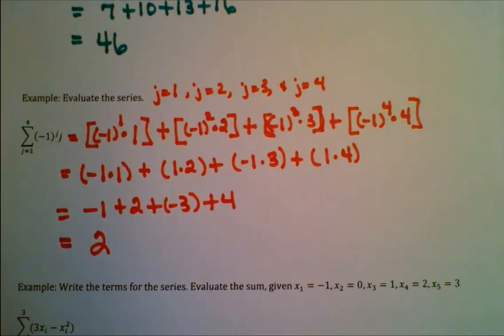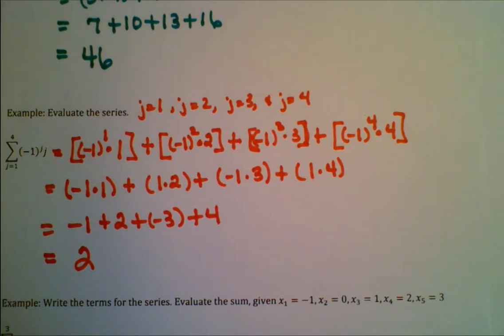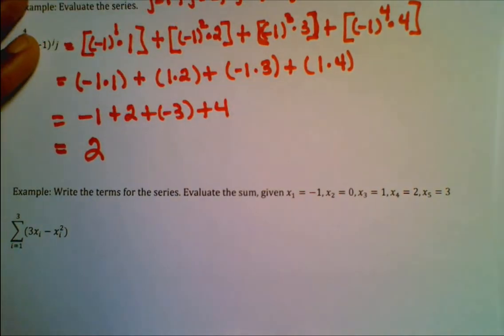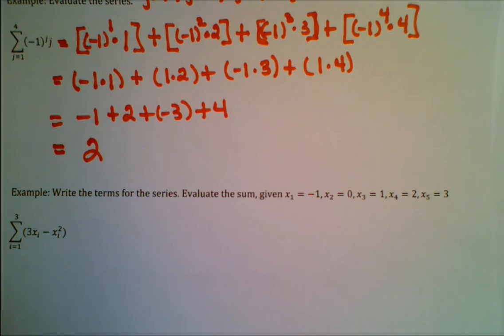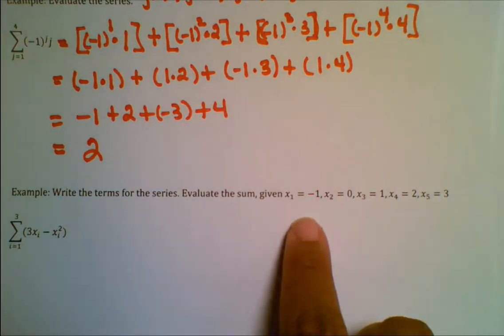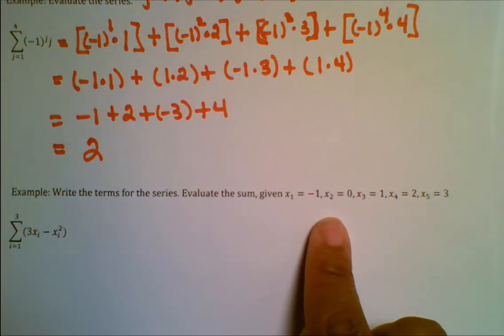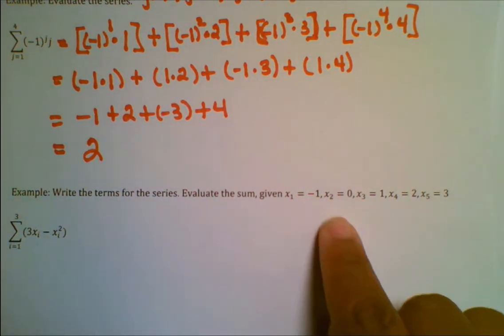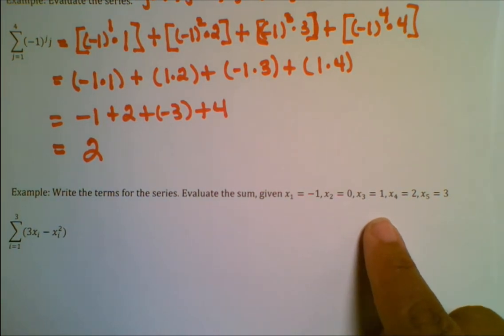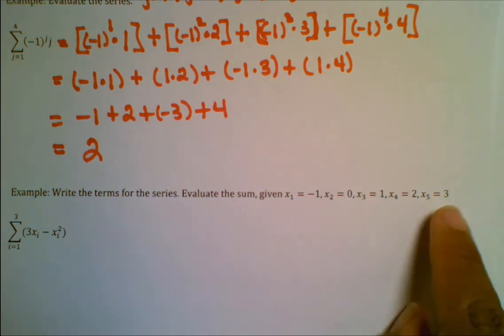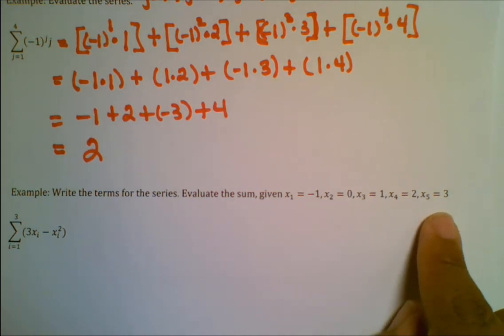All right, last example. It says, write the terms for the series, evaluate the sum, given x of 1 is equal to negative 1, x of 2 is equal to 0, x of 3 is equal to 1, x of 4 is equal to 2, x of 5 is equal to 3.